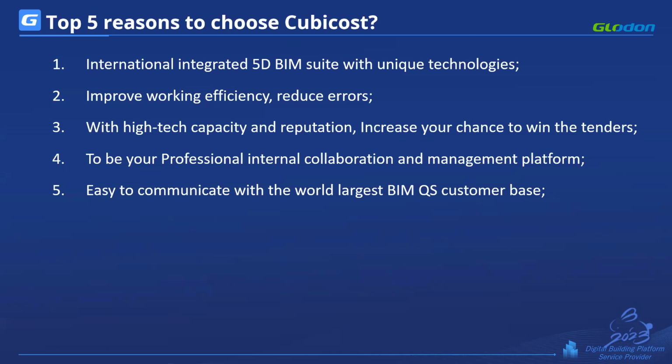So you can have instant 3D quantities, and with high tech capacity and reputation, increase your chance to win tenders. If your company uses this software, it will be very important to win tenders because the accuracy of quantities is perfect.